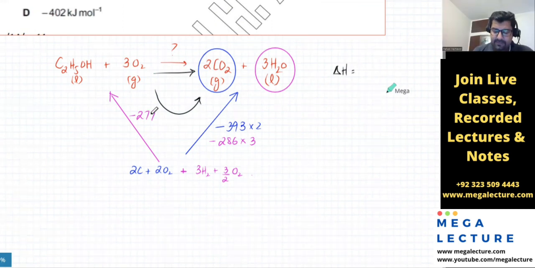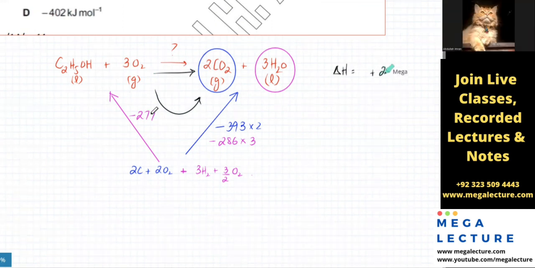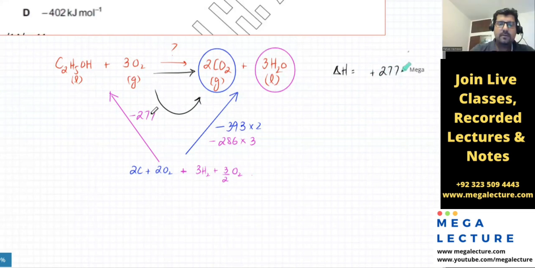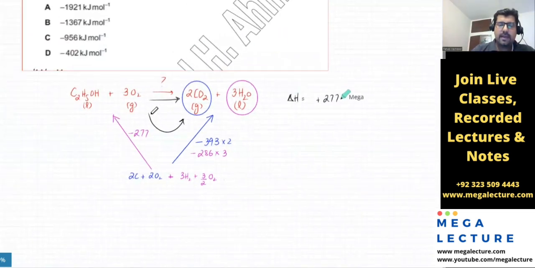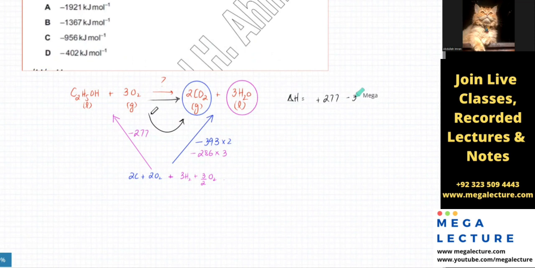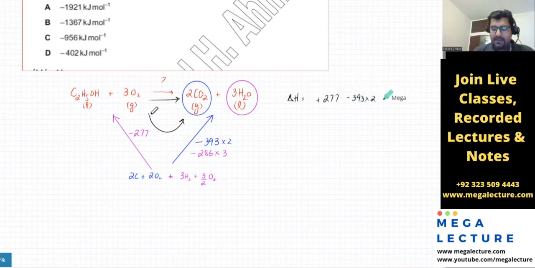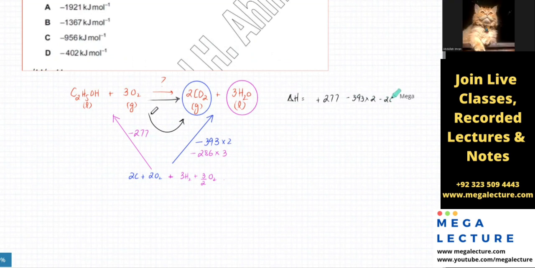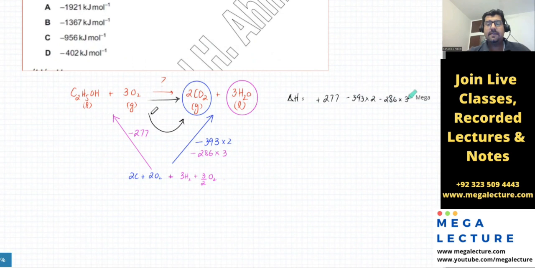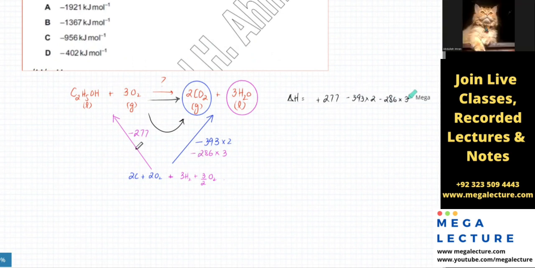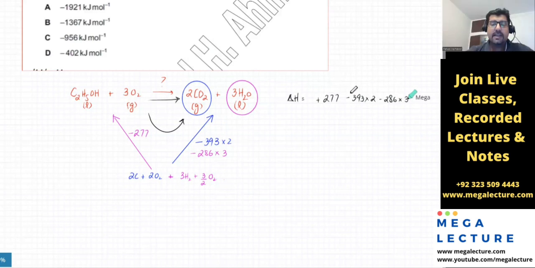So this would be plus 277. And this other one, the sign should not change because it's in the right direction. So it's going to be minus 393 times 2 and minus 286 times 3. So I'm not going to do anything over here. That is the path that I'm looking for, and that will give me my answer.